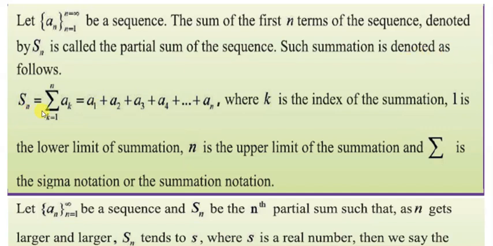As such, Sn is equal to the sum of ak, k running from 1 up to n, which is a1 plus a2 plus a3 plus a4 and so on up to an. This is known as the partial sum, where k is the index of the summation, 1 is the lower limit, and n is the upper limit. This notation is simply sigma notation, or in mathematics we call it summation notation.